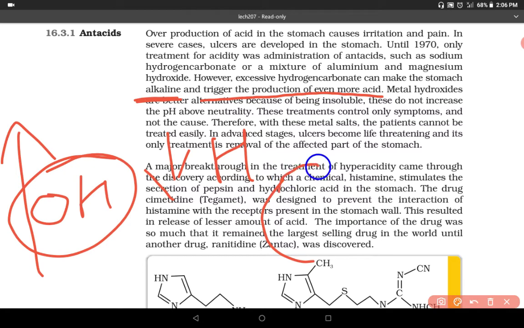Our stomach works like this: when the basicity increases, the acid production also increases. This is one of the major causes. Basicity is increasing, acidity is also increasing. That makes an imbalance in our body.